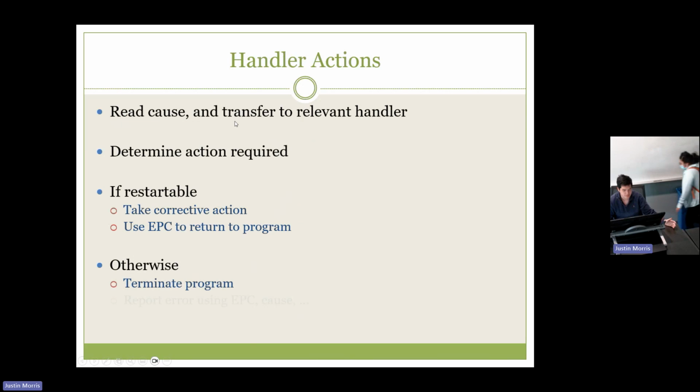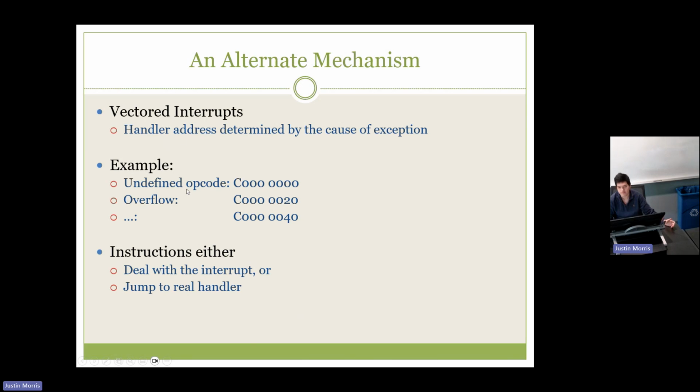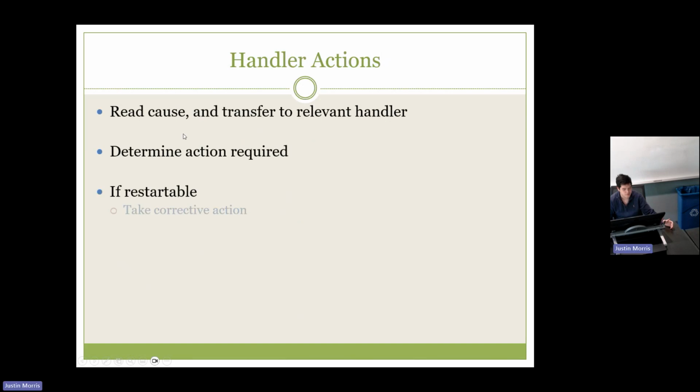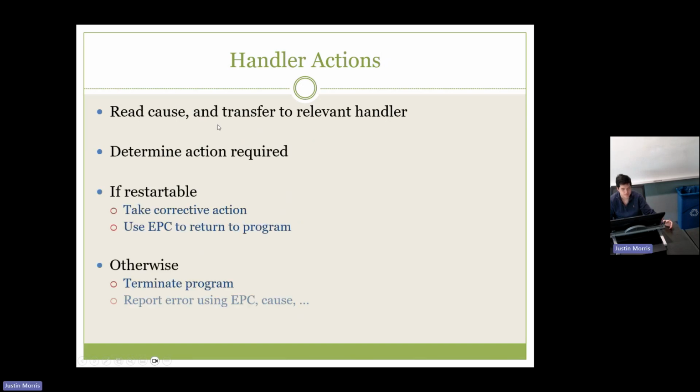But in order to decide what to do, it's basically going to read the cause. If we don't have this vectored interrupt, we don't automatically know what the cause is, right? Even then, we might want to save, like, was it overflow or was it underflow, right? So we're going to read the cause, and then based on that, we'll transfer to a relevant handler.